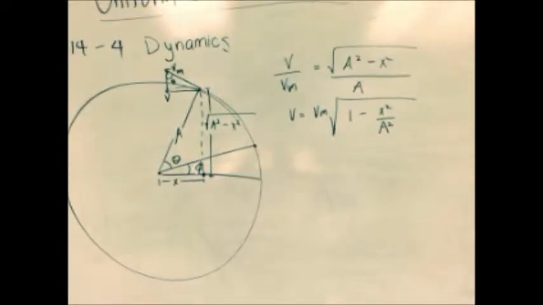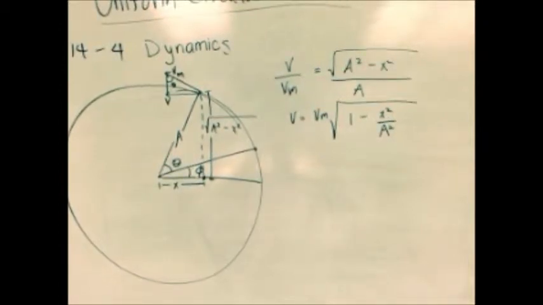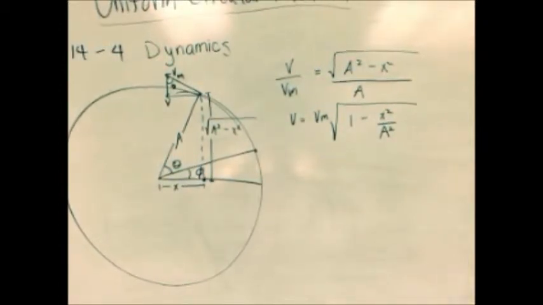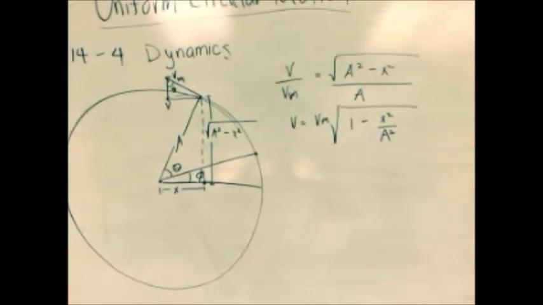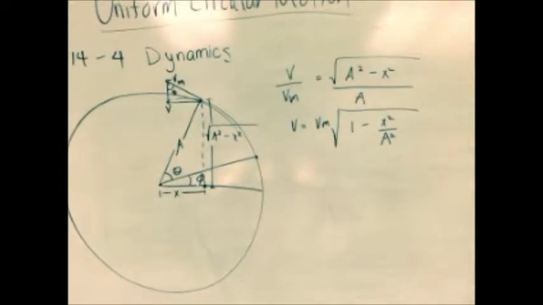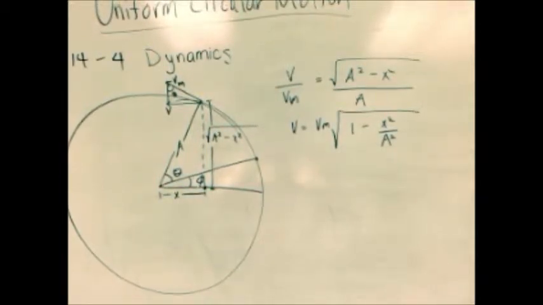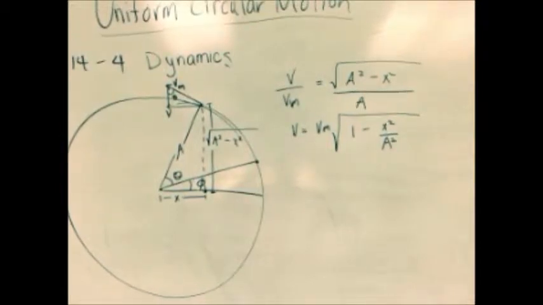In this part, we see the top view of a circle with radius a, and the object is moving around the circle in uniform circular motion with tangential velocity v sub m. We see that the angle it travels through is theta, and the original angle is phi.